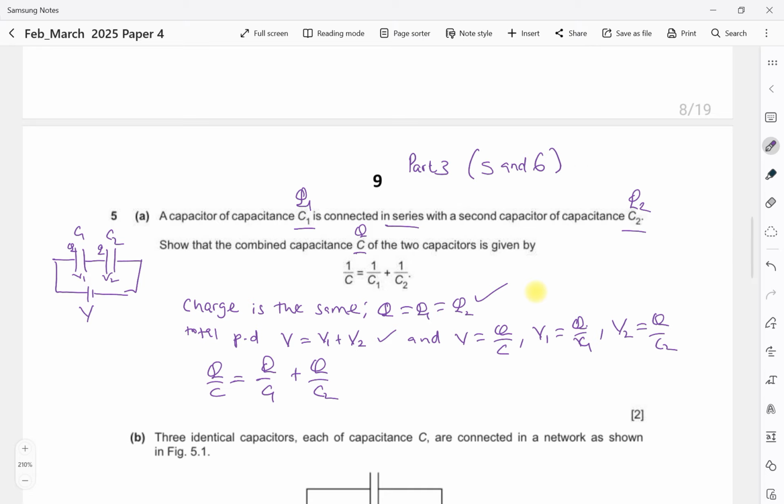So when you do the algebra, Q over C is equal to Q times 1 over C1 plus 1 over C2, which implies that 1 over C equals 1 over C1 plus 1 over C2, because the charge cancels.